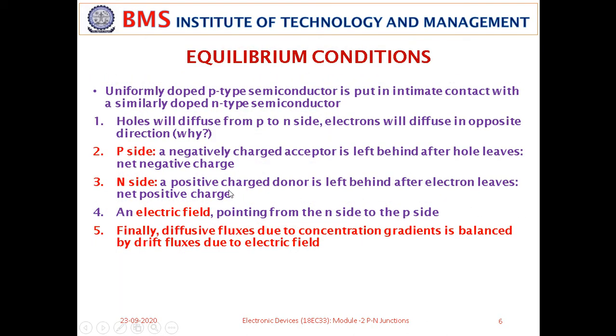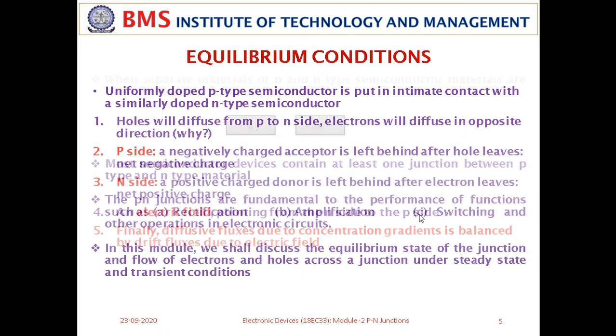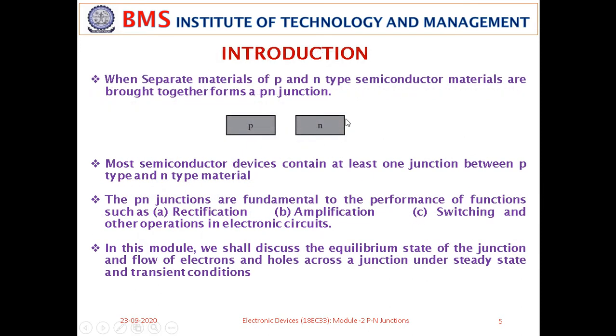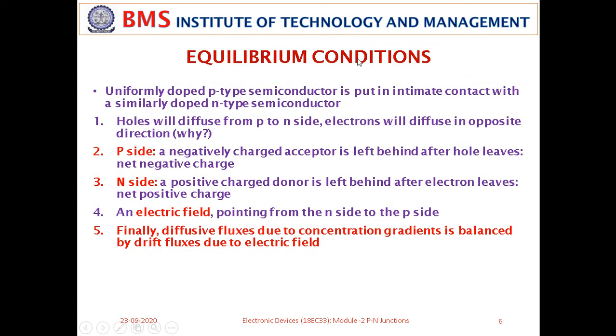So, this is what point number 2 and point number 3 say. Also look at this: an electric field is created pointing from the n side to the p side. As I already told you, because of the difference in concentration gradient, electrons move from n to p and holes move from p to n. They create positive donor ions on the n side and negative acceptor ions on the p side. These ions create an electric field. Remember that we are not applying any potential; we are discussing the equilibrium condition.